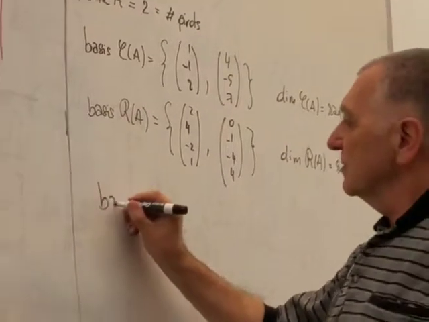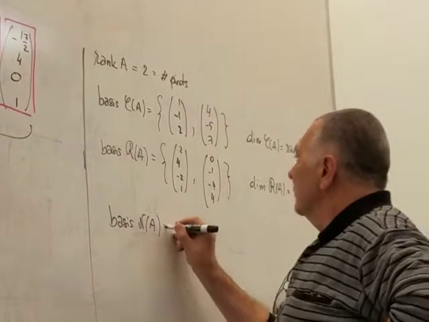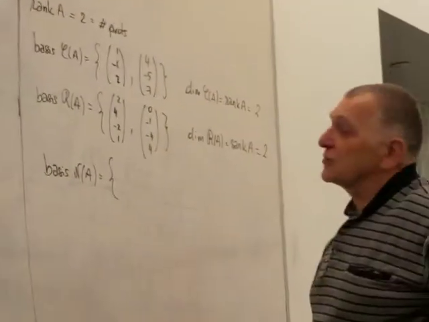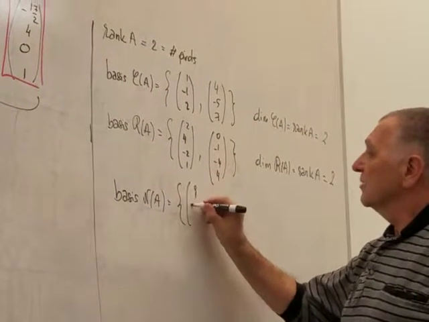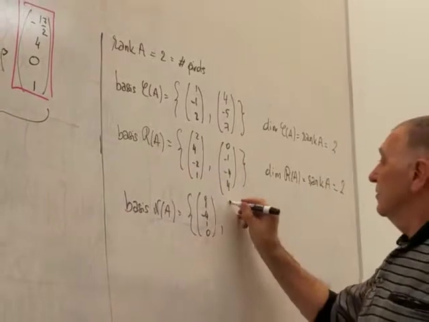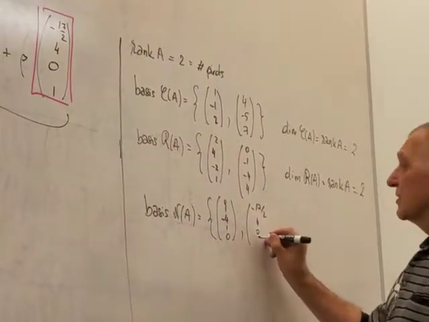The basis for the null space of A is equal to, well, the homogeneous solution vectors, 9, minus 4, 1, 0, and minus 17 over 2, 4, 0, 1.